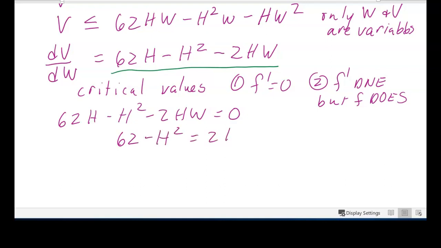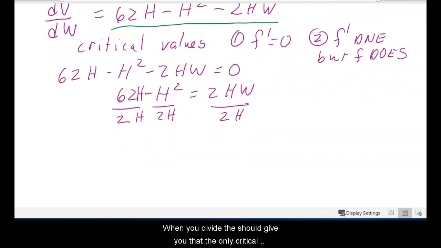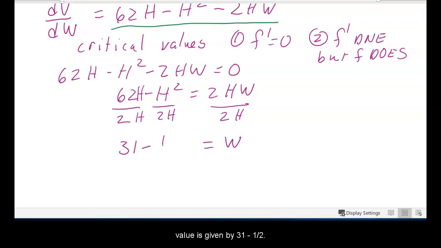Move the 2hw to the right side of the equation, and then you can divide both sides of the equation by 2h. When you divide, 2h divided by 2h, this should give you that the only critical value is given by 31 minus 1/2 of h.